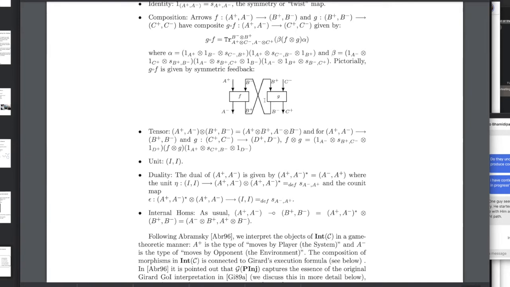Suppose that you come in this way and you can go directly out through the B plus to the C plus. So that's one path. In other words, there's a direct path essentially from A plus to C plus. So that's one way.